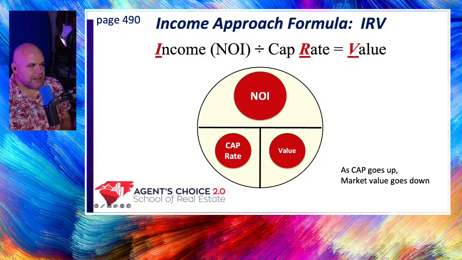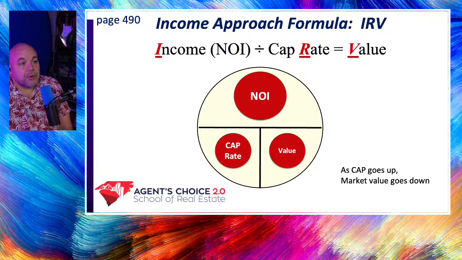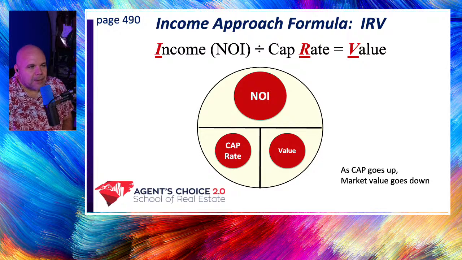Here's a way to write it in a linear way. Another little acronym for this particular formula is called IRV, I-R-V. IRV means income, NOI, net operating income, divided by cap rate equals the value, market value, expected sales price. It's a way to see if they're being reasonable in what they're asking.